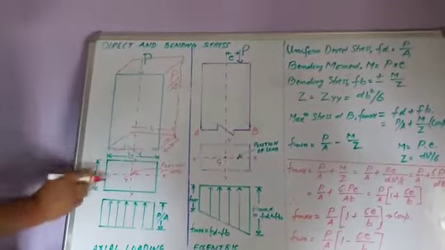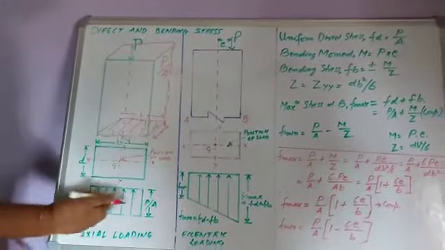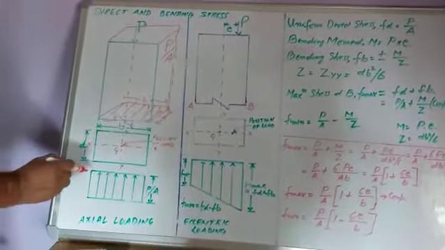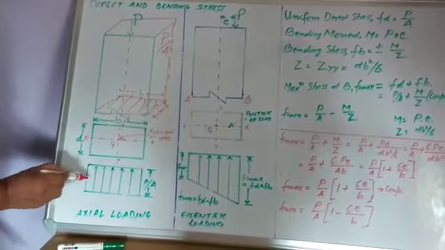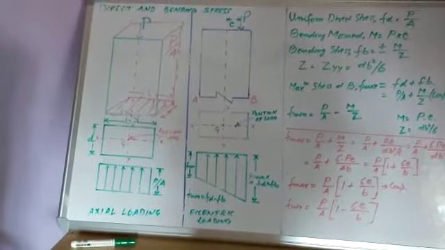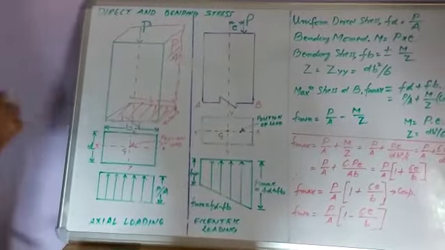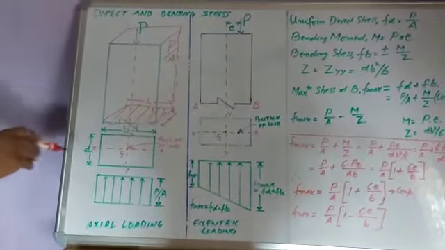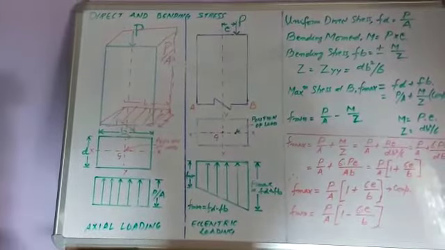So the load divided by the area of the column will give direct stress, and it will be uniform at all the sections, equal to P by A. This is the stress diagram of this direct stress. So I hope you have been able to understand how the direct stress comes into this column due to the effect of this axial loading.